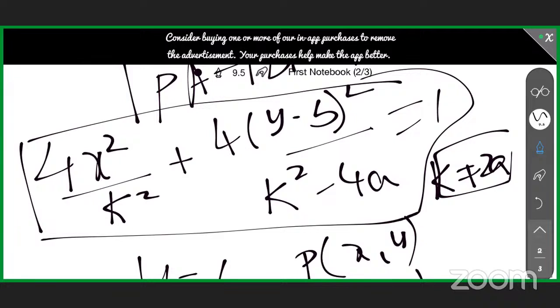What is the equation of an ellipse? You have to bring it to that form: x square by a square plus y square by b square is equal to 1. Yes, sir. y square minus 12x.